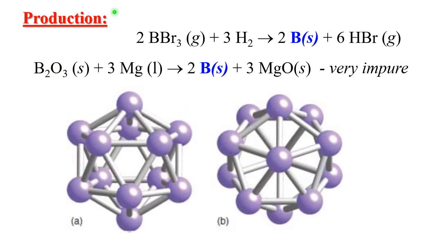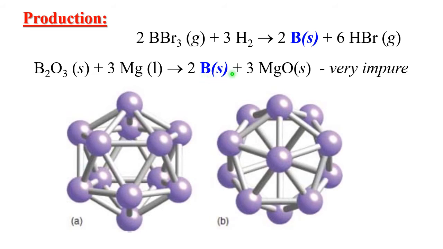Production of boron usually starts with boron oxide that can react with many reducing agents. One of them can be liquid magnesium to make solid boron and the appropriate oxide. Now, all these methods will give you very impure boron because of metal boride impurity.